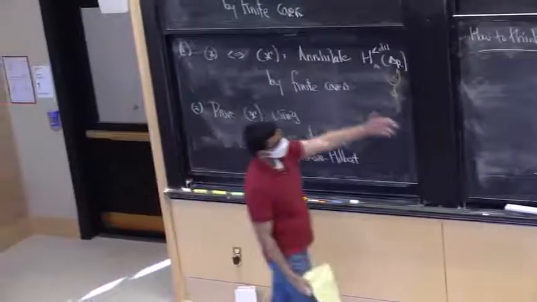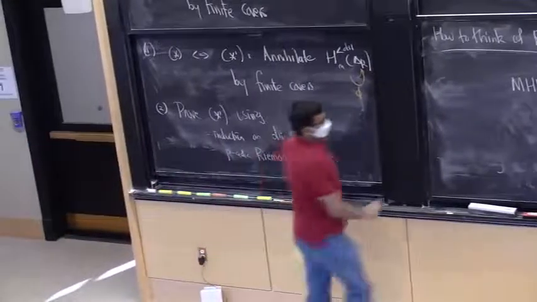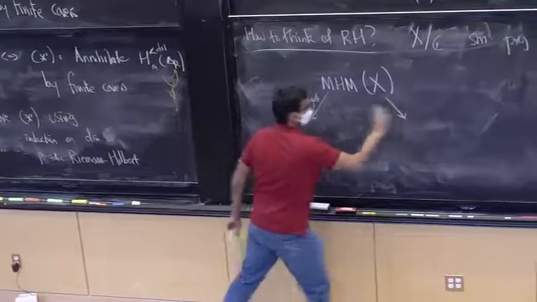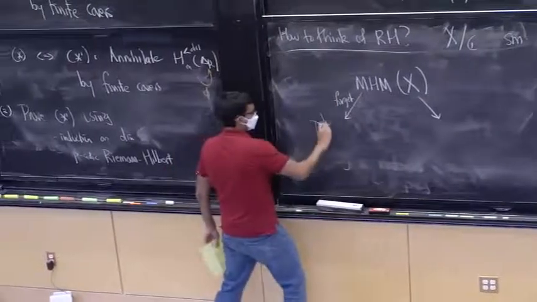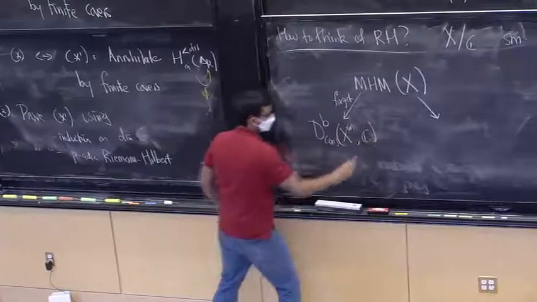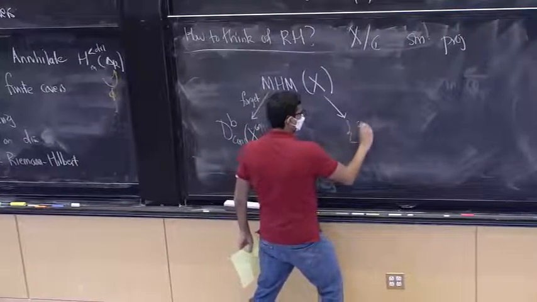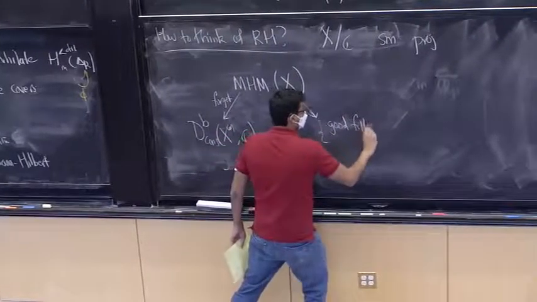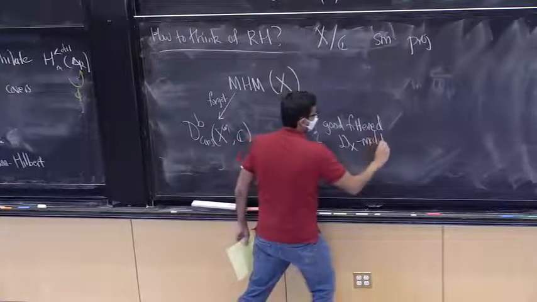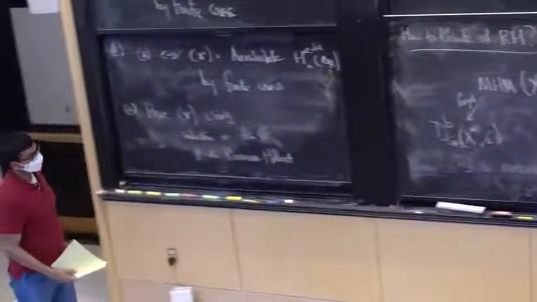To any X, he attaches some category called the category of mixed Hodge modules. Whatever these objects are, they have forgetful functors to things we understand. So constructible sheaves on X with complex coefficients, and also filtered D modules, good filtered D modules. So generalizations of bundles with flat connection when you allow singularities.